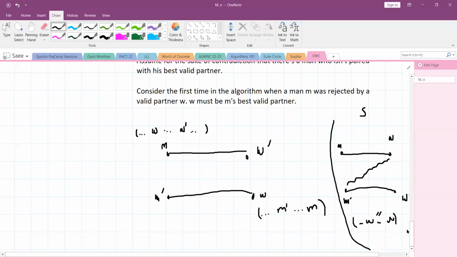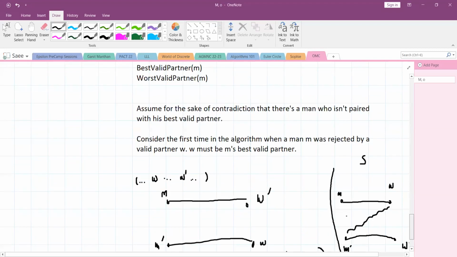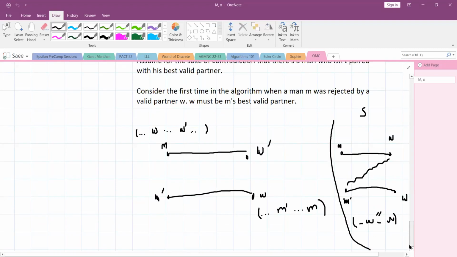So this is a contradiction, which means that this was actually right. So every man is paired with the best possible partner that they can get, and every woman is paired with the worst possible partner that they can get. I haven't proved the woman part yet, but it is similar to this. So I encourage you to try and prove it as an exercise.